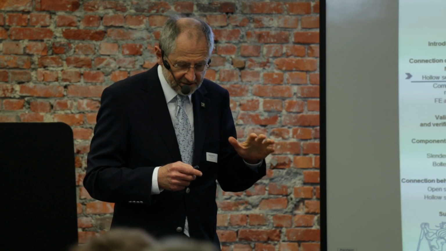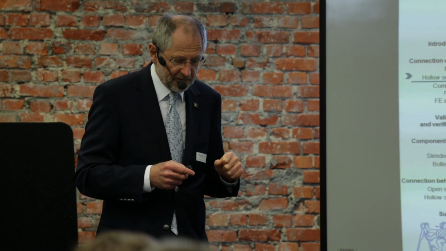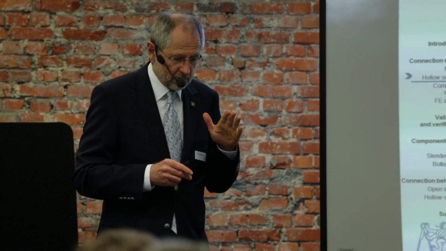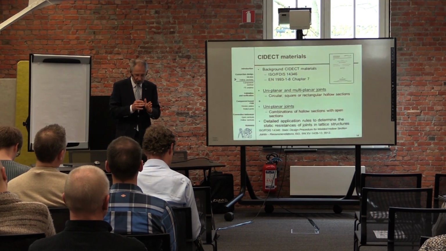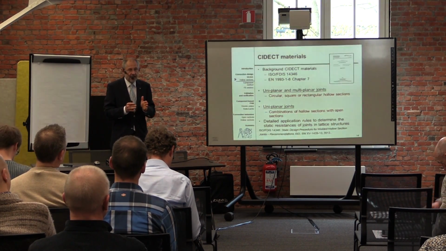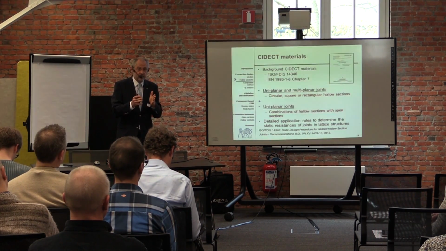So what is in this chapter 7 or in this ISO material? They are for circular, square, and rectangular hollow sections. These 7 failure modes are described for uniplanar connections and multiplanar connections.